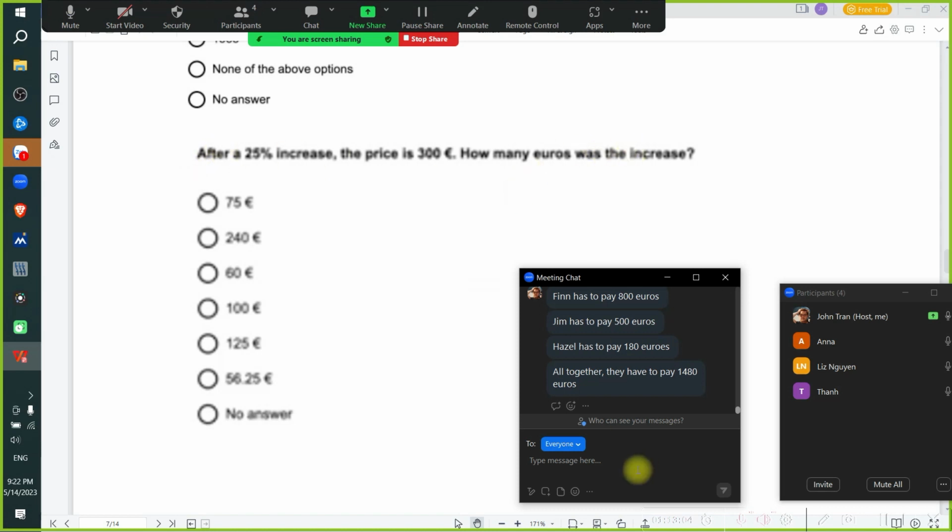So, next one. After a 25% increase, the price is 300 euro. How many euros was the increase? Sau cái sự gia tăng 25% thì cái giá bây giờ là 300 euro. Hỏi cái sự gia tăng đó là bao nhiêu euro?